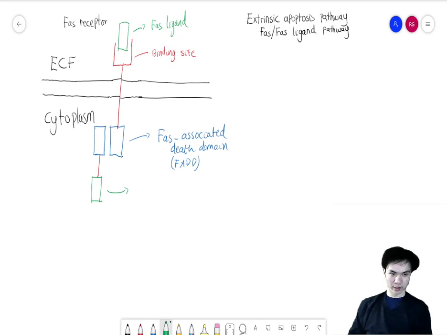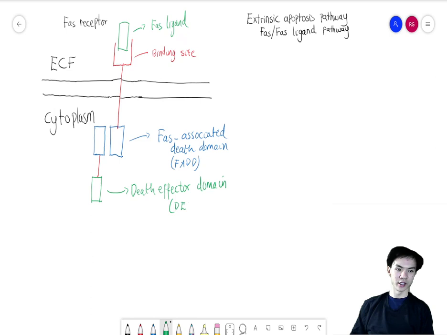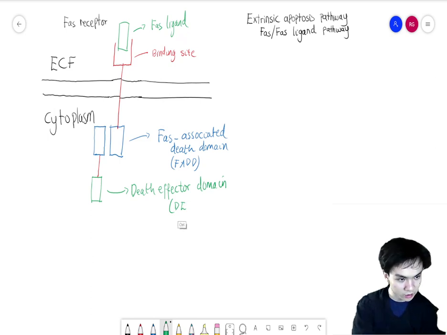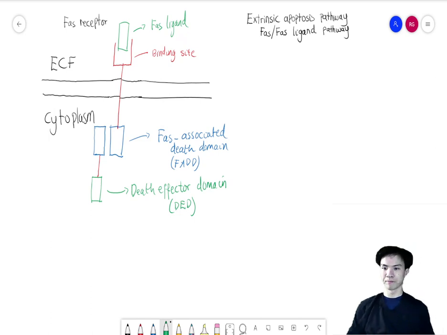But this domain, which is the other part of our FADD adapter protein, is going to be called our death effector domain. And once again, we're going to shorten that to DED, dead, which makes a lot of sense.